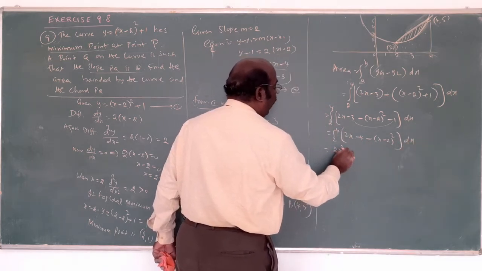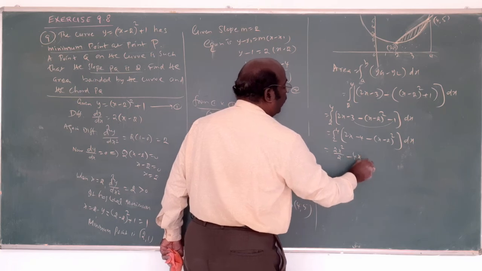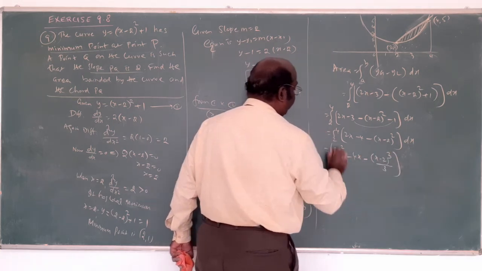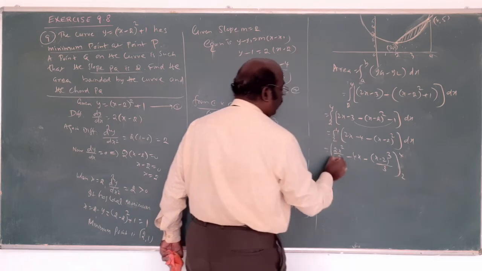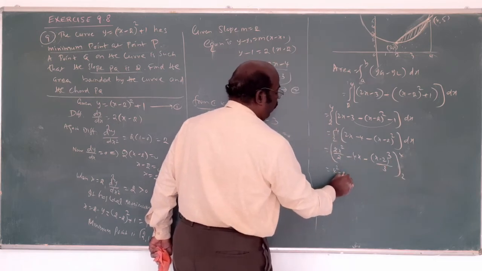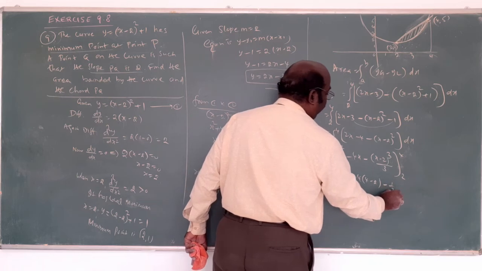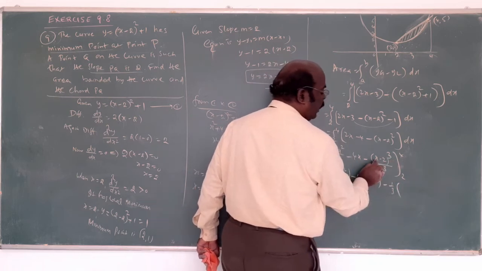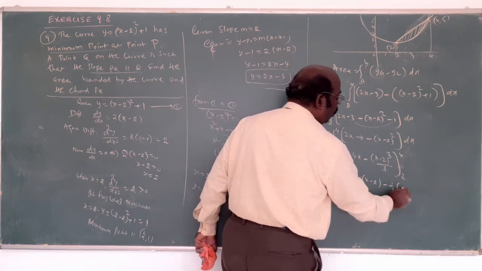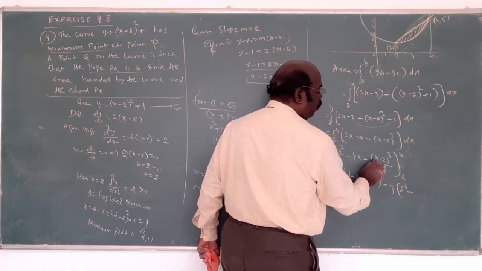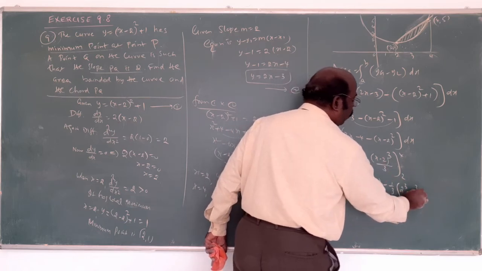2 into x square, into 4 into (x minus 2) whole cube by 3. This integration, upper limit minus lower limit. Upper limit is x equals 4: 4 minus 2 is 2, 2 cube. Lower limit is x equals 2: 2 minus 2 is 0, 0 cube.